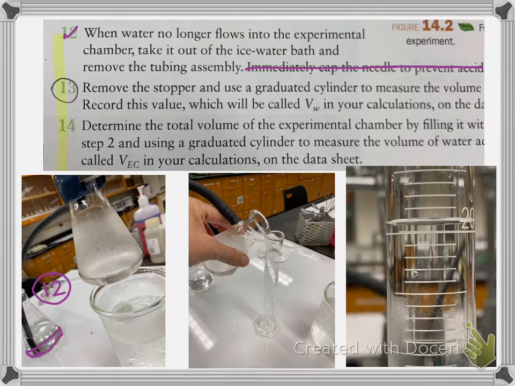But now look here, do you see the water? There's water right there. I'll erase it so you can see. There's water in there, so that was drawn into it. Then it says remove the stopper and use a graduated cylinder to measure the volume. Record this value, which will be called VW in your calculations.